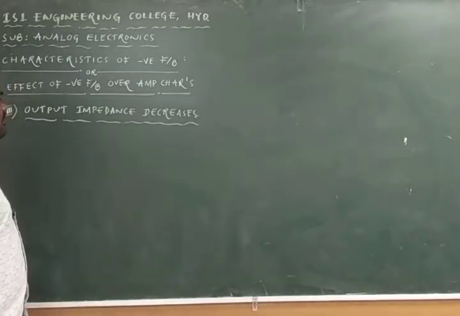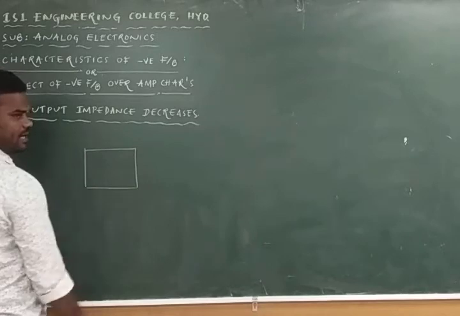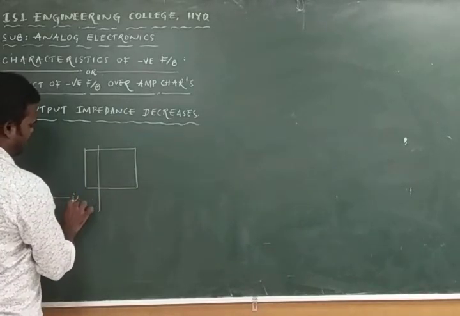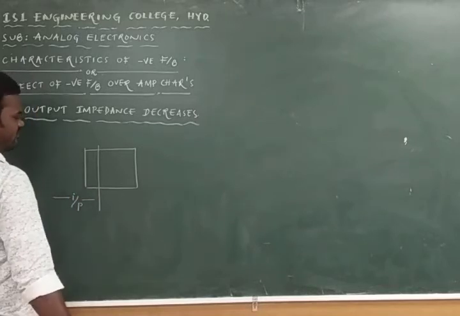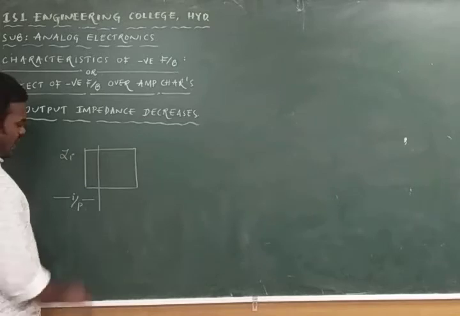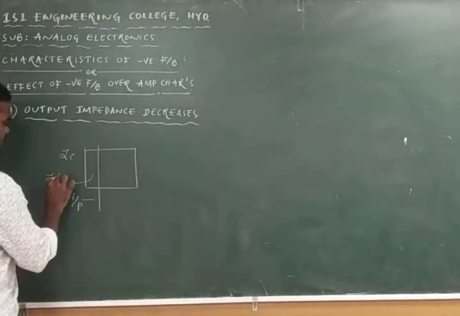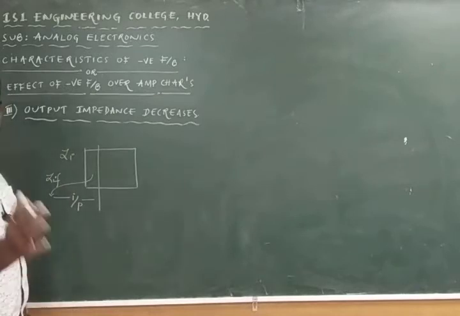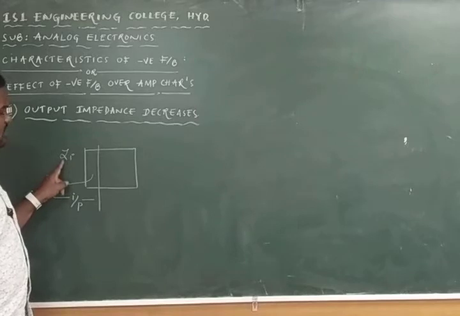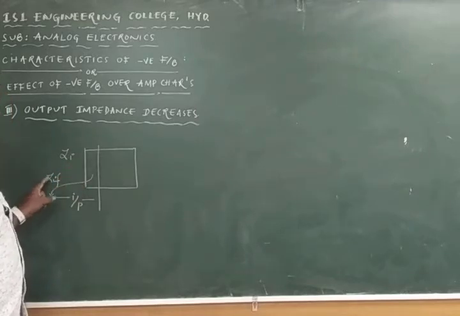For example, assume that this is a feedback amplifier, and this is the input. Without feedback the input side has impedance Zi. After employing negative feedback, the input impedance is Zif.